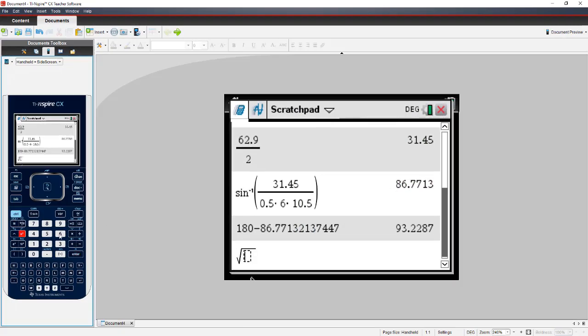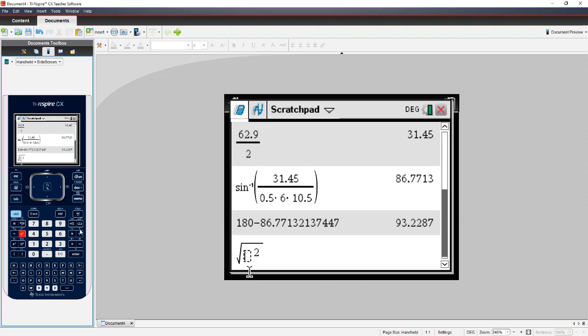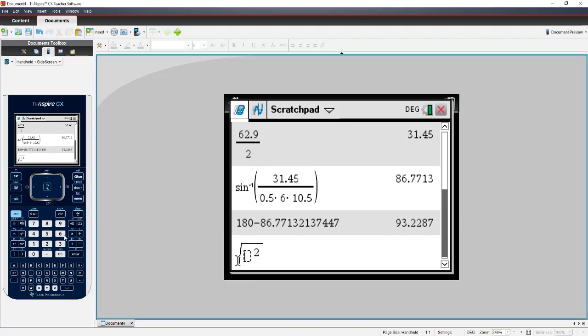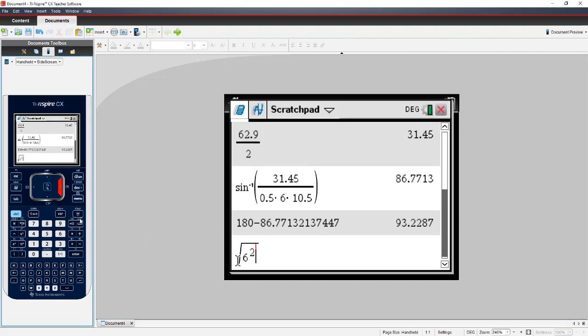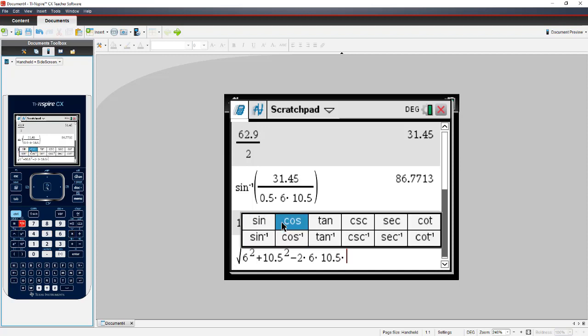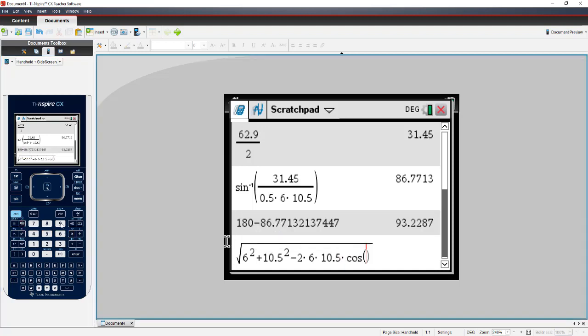So I'll do that. I'll say 6 squared plus 10.5 squared minus 2 times 6 times 10.5 times the cosine, all this, of 93.2.